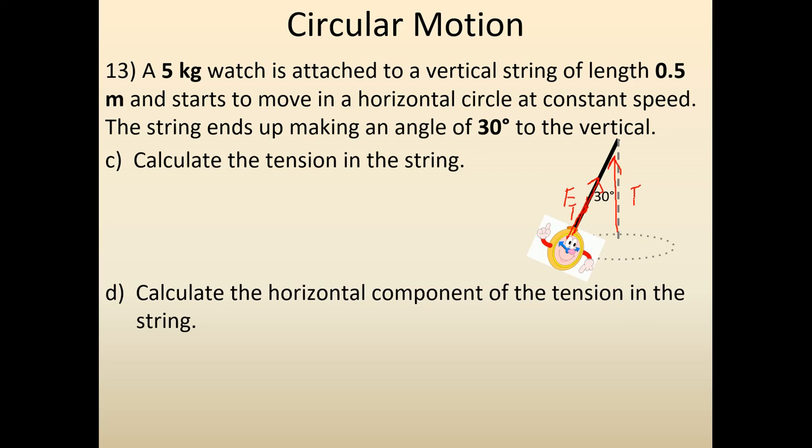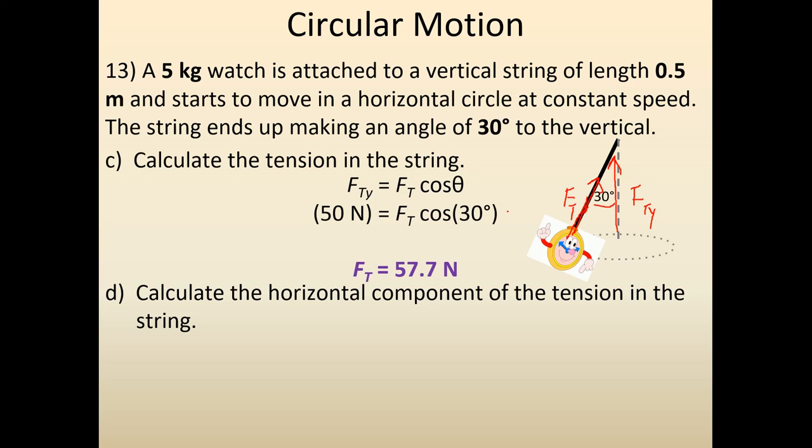So this is the vertical component. Because of this angle of 30 degrees, I can use SOHCAHTOA to find this relationship. So what I can do is set FTY equal to FT cosine theta, again, because it's adjacent over hypotenuse. Plug my numbers in and end up getting 57.7 newtons.